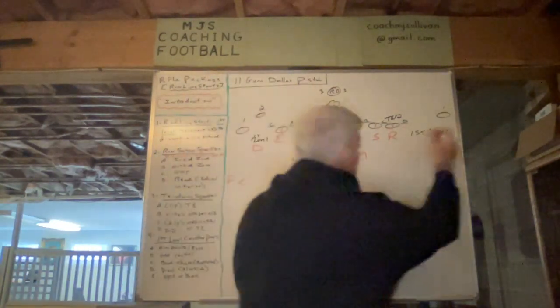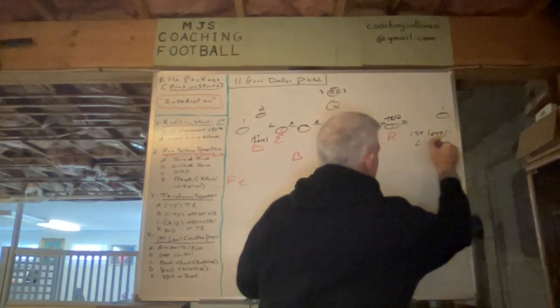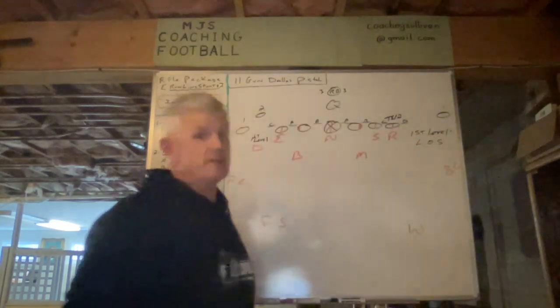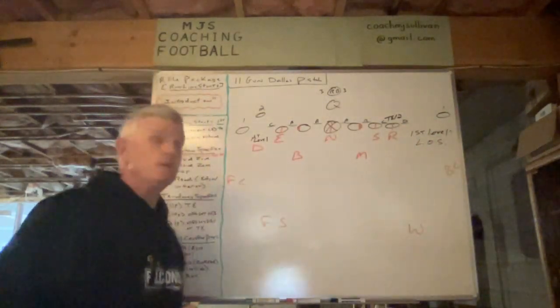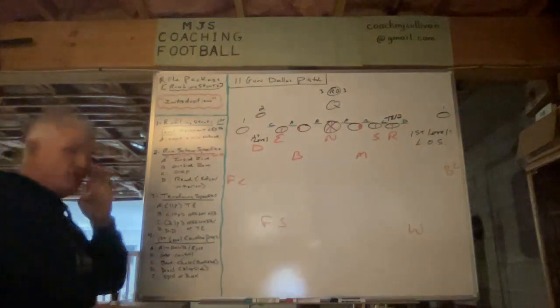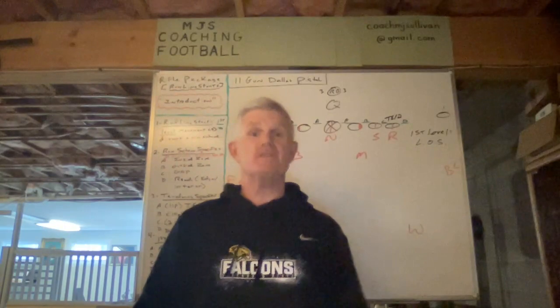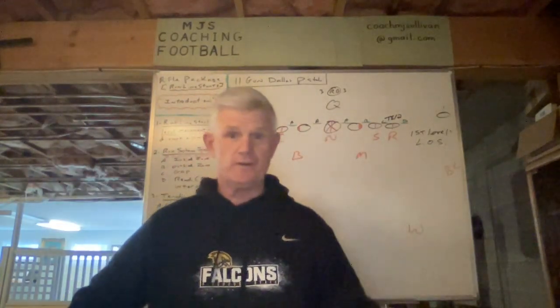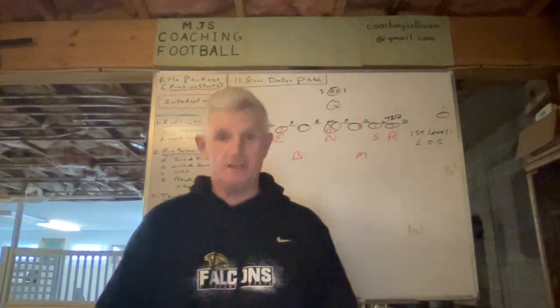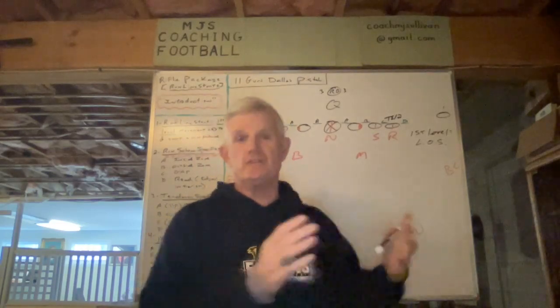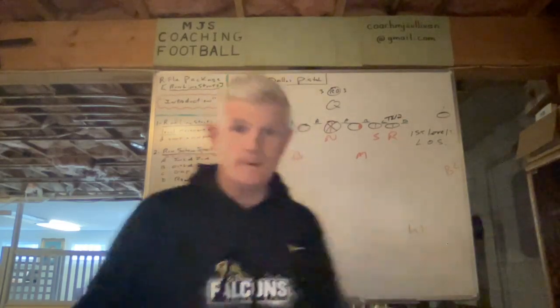So the first level equals LOS or line of scrimmage. So that's a run line stunt. When we have movements on the line of scrimmage involving defenders on the line of scrimmage, then it becomes a run line stunt, or to us, cumulatively, what we call a rifle package.